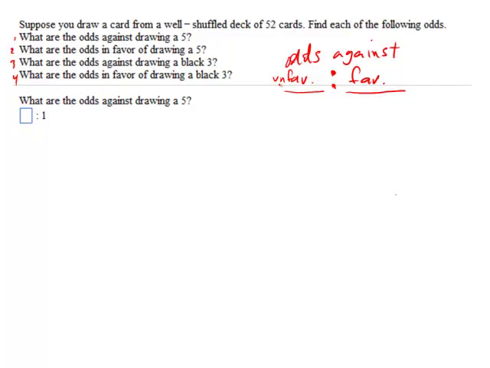So there's 52 cards, and they want to know unfavorable and favorable for drawing a 5. So of the 52 cards, favorable to drawing a 5, there's 4 of them. Unfavorable to drawing a 5, 48 of them.